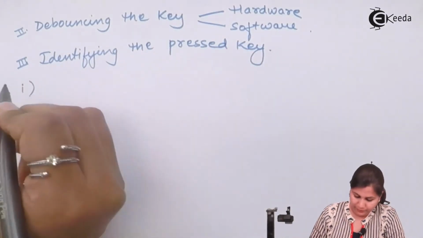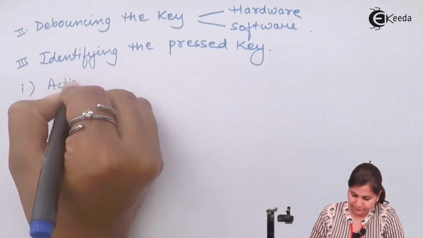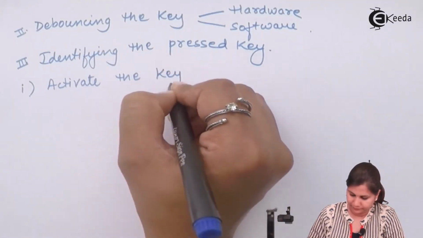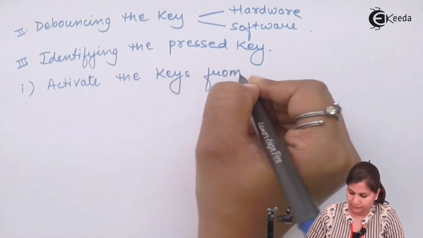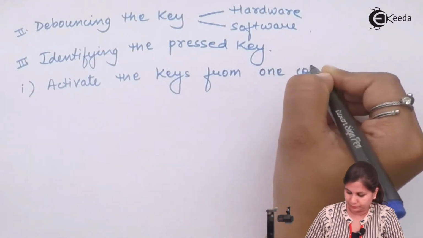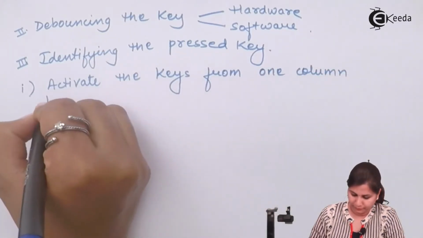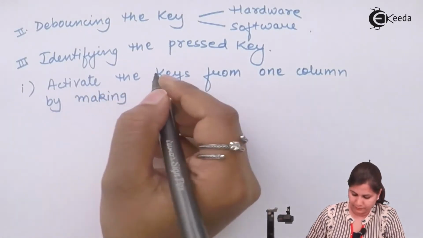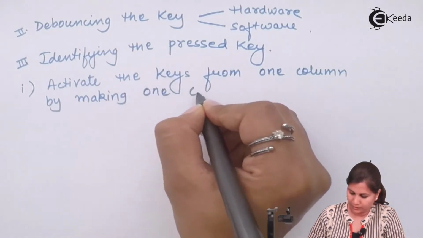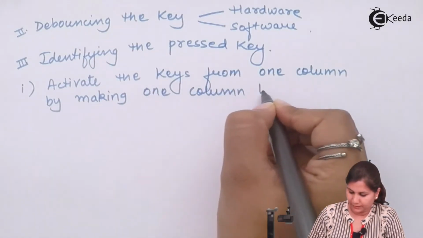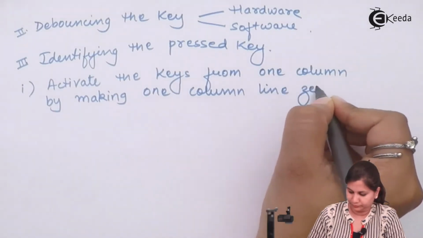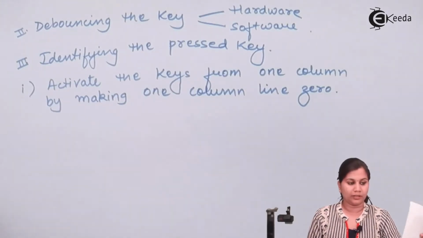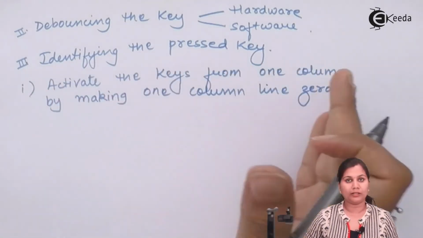First of all, activate the keys from one column by making one column line 0. So we will activate one column at a time.